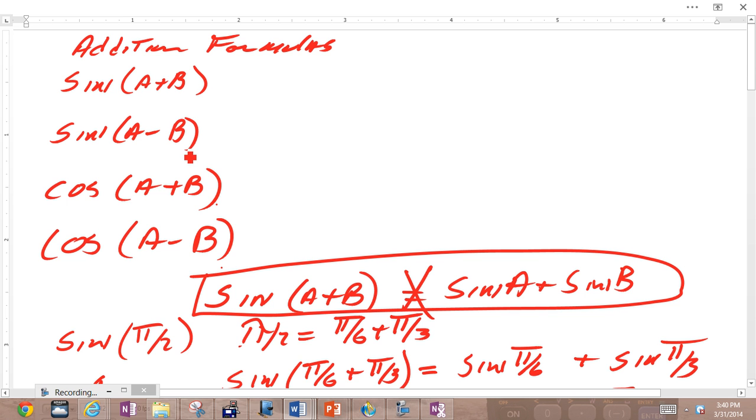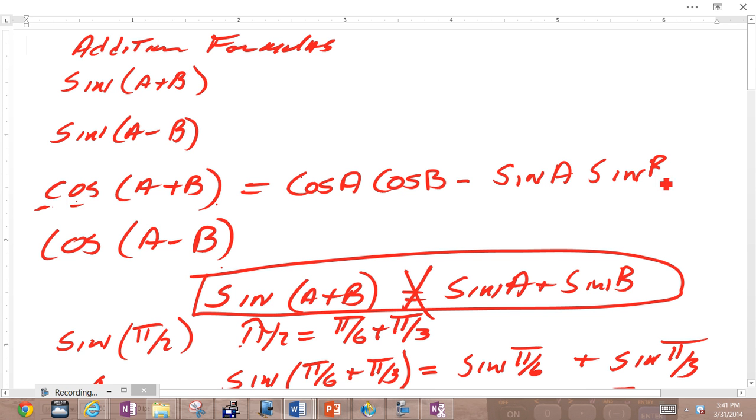All right. Well, the easy way to remember them, and you want to remember them, is I actually start with the cosine first, because the cosine will tell you: C for cosine, O for opposite, S for sine. So the cosine of A plus B is going to be rewritten as the cosine of A times the cosine of B, opposite the sine, so that's going to be minus the sine of A times the sine of B. So that's the one expression for the cosine.